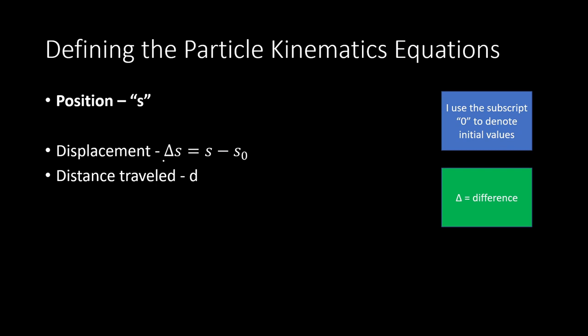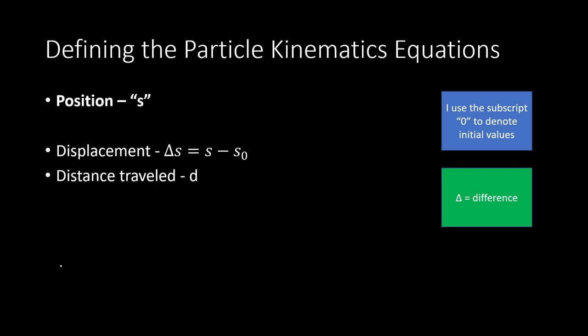And displacement is the change in position, which is different than distance traveled, which I just listed as a D because I want to describe for you real quick how that works with a picture. The difference between the displacement and the distance traveled is that the displacement does not take into account how we get from the initial to final position.